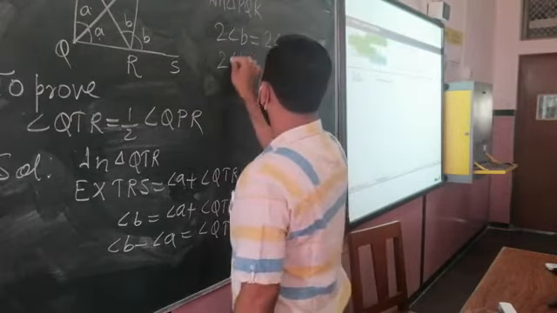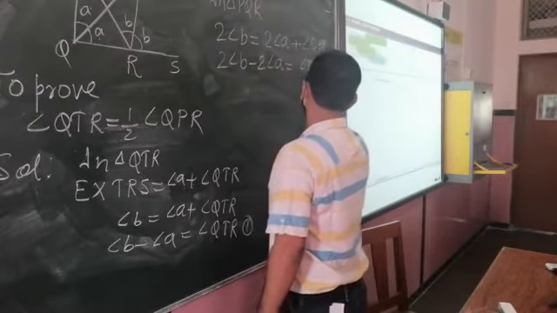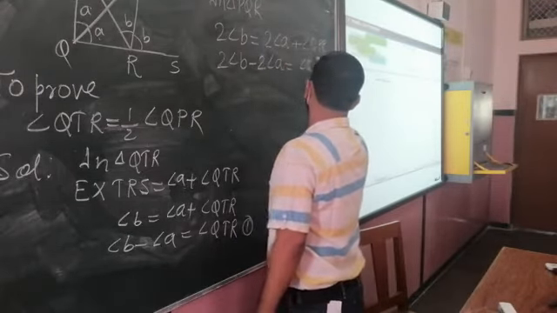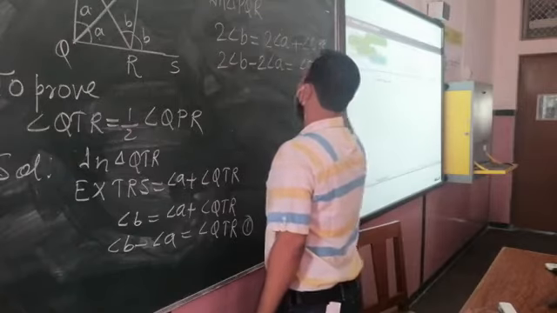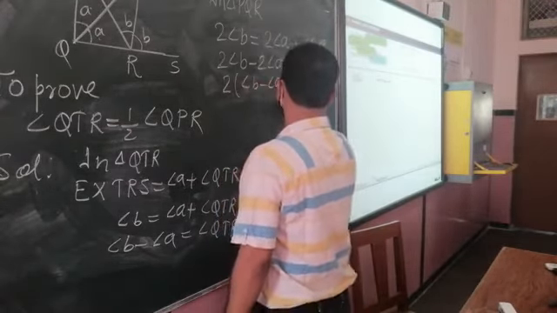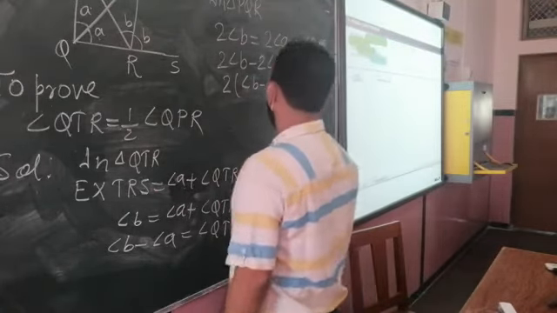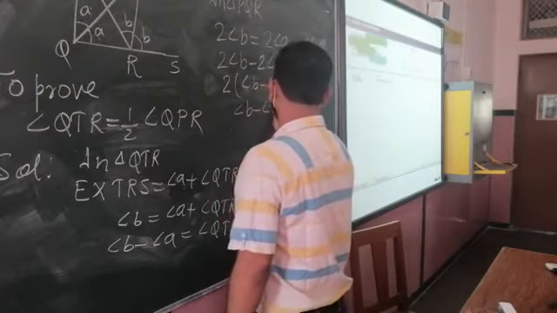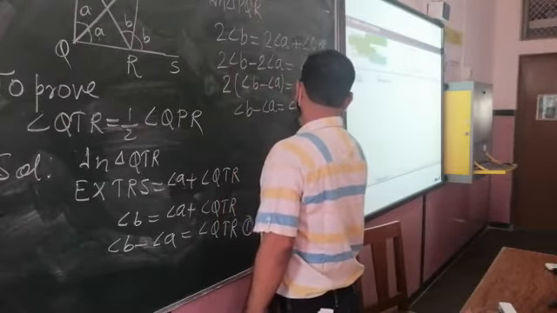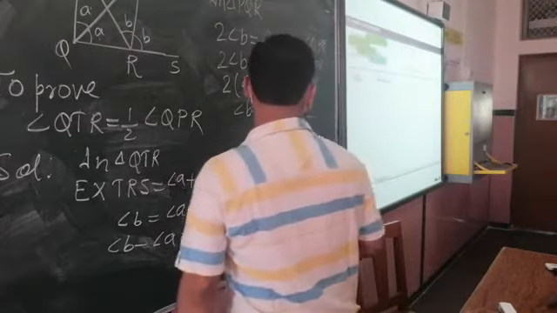So 2 times angle B minus 2 times angle A equal to what? QPR. Now 2 we can take common. Angle B minus angle A equal to what? QPR. Now angle B minus angle A will be equal to QPR divided by what? 2.